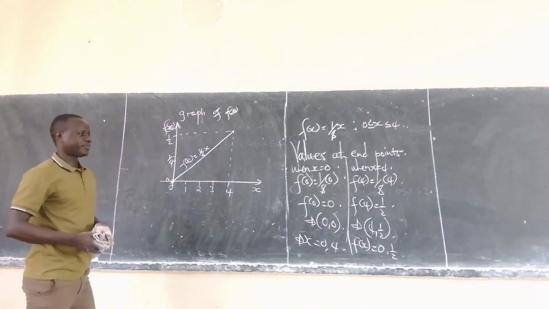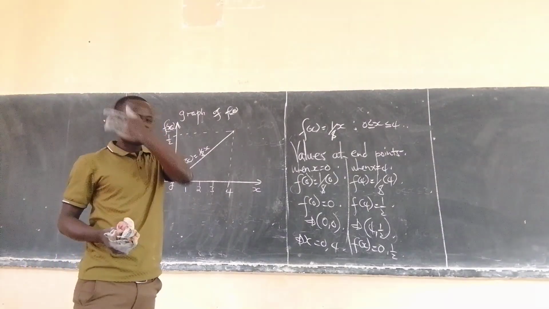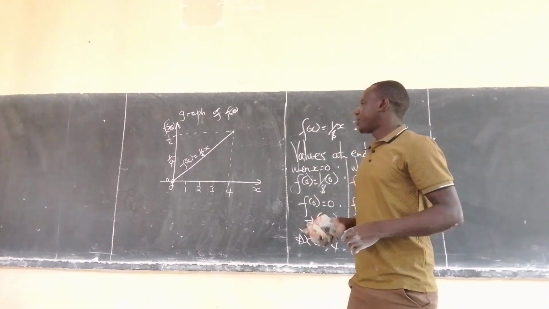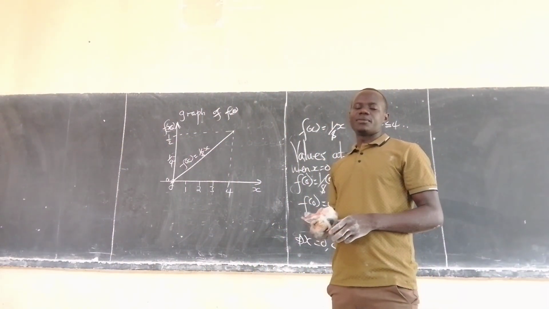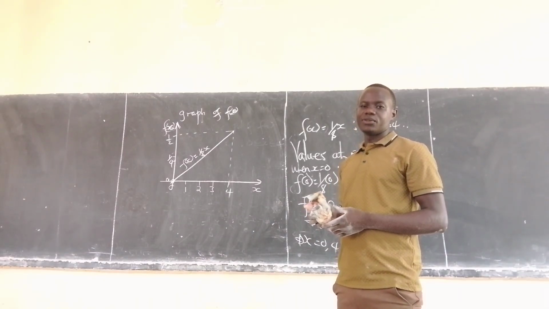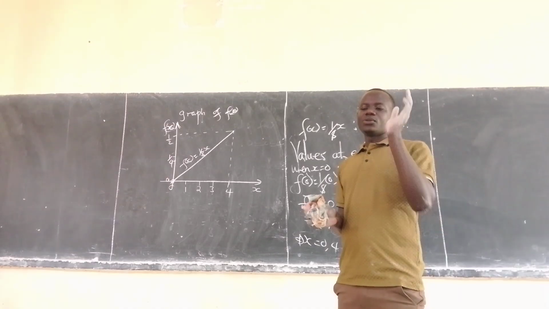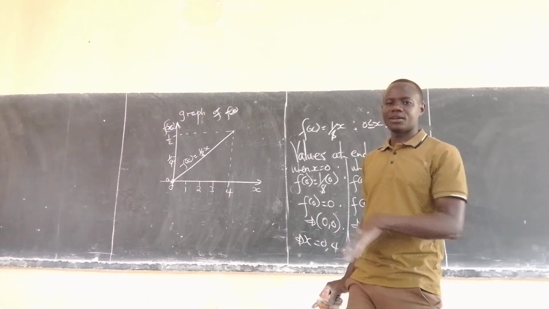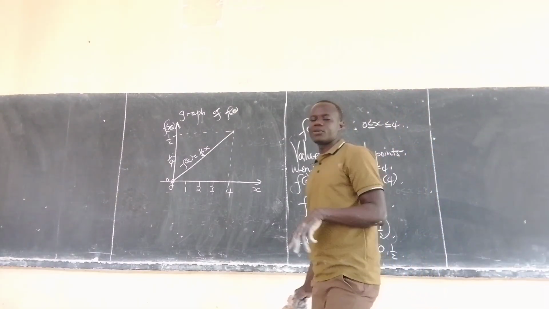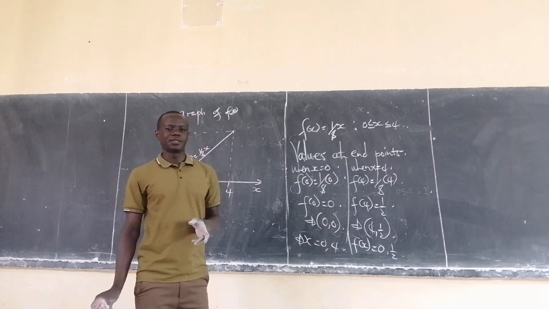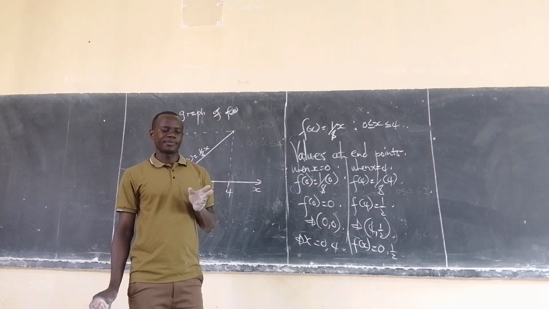Now the next step is to read off the mode of that linear PDF. Now that we have said the only way to get the mode of a linear PDF is by using the graphical method, you check the ending values of x first and their corresponding f of x, because they will be portraying which x value gives the maximum.